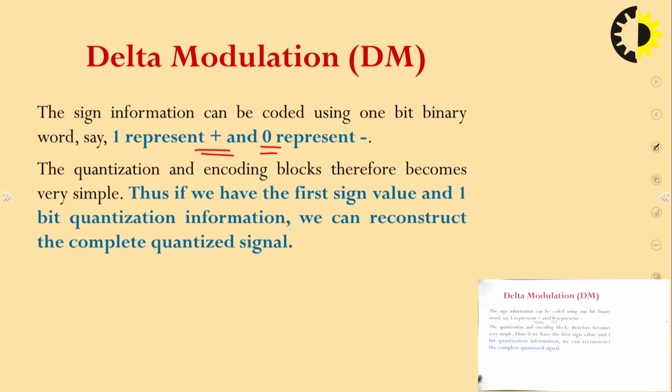For plus delta, we say it is plus, it is denoted by logic 1, and for minus delta, we say logic 0 and denoted by 0. The quantization and encoding blocks in this case become very simple. Thus, if we have the first sign value and 1 bit quantization information, we can reconstruct the complete quantized signal.